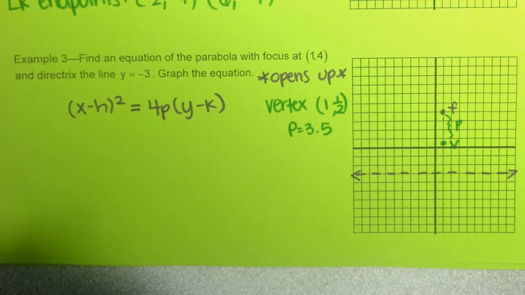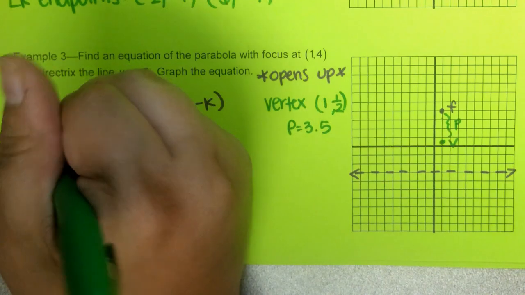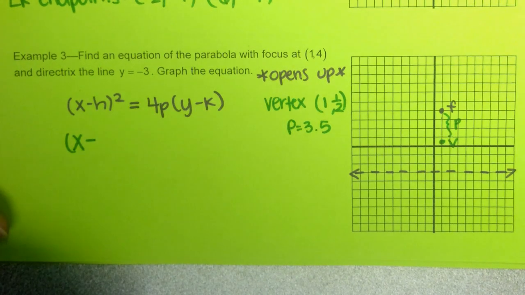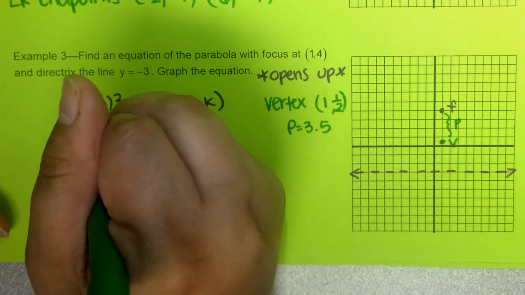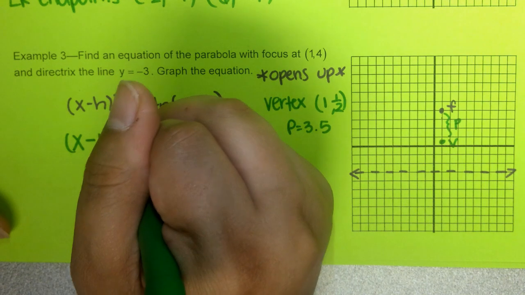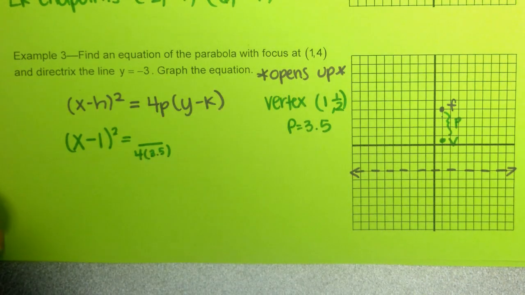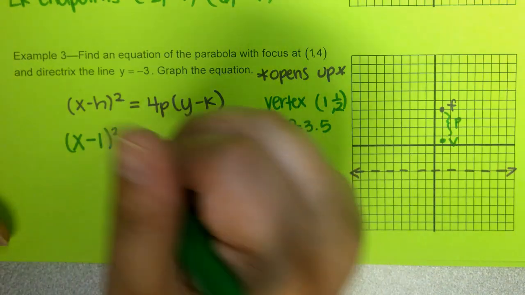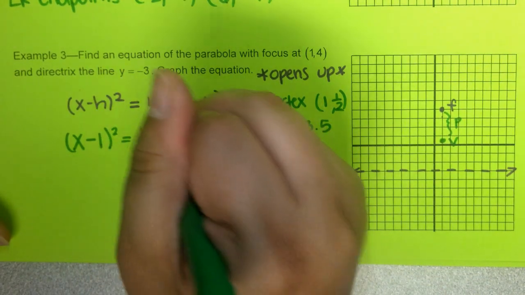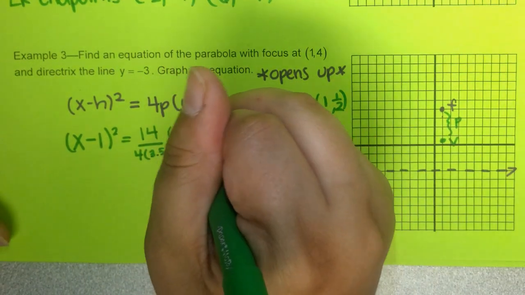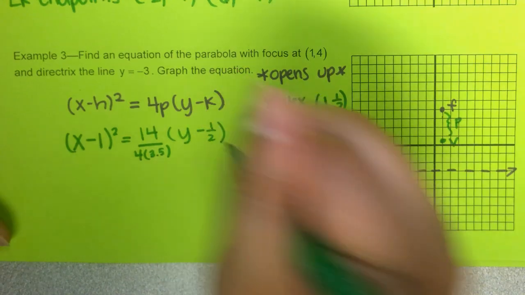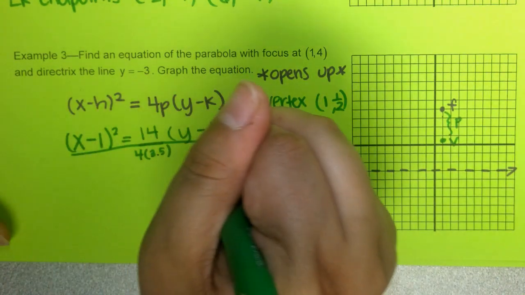But do I now have everything I need? Fill in the equation. X minus, what's my H? Squared equals, what is 4 times 3.5? 14, y minus, what's my k? And again, I don't care if you do 1/2 or 0.5, it's fine.